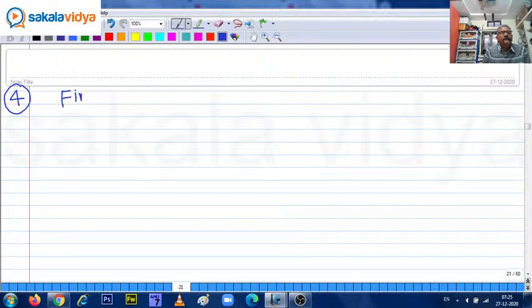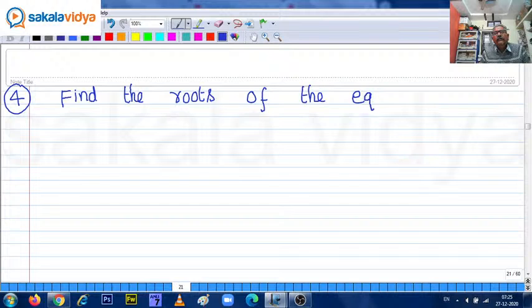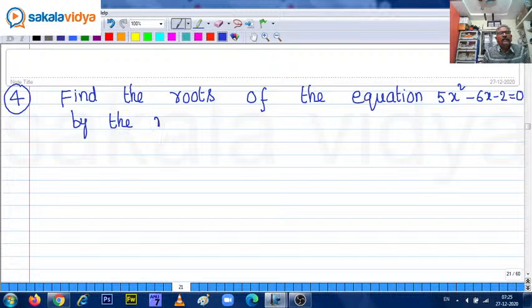Find the roots of the equation 5x square minus 6x minus 2 equals to 0 by the method of completing square.